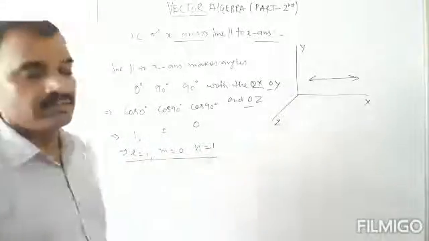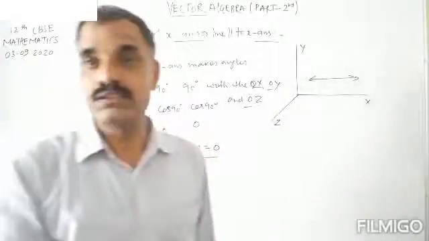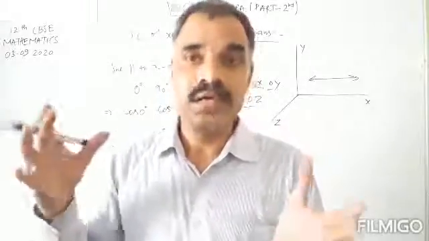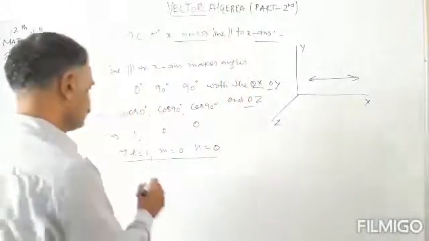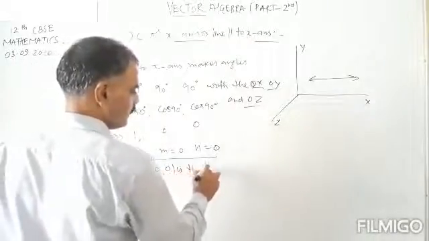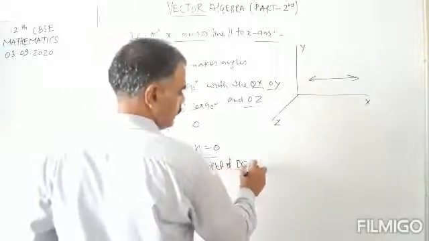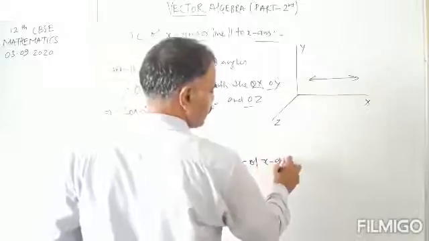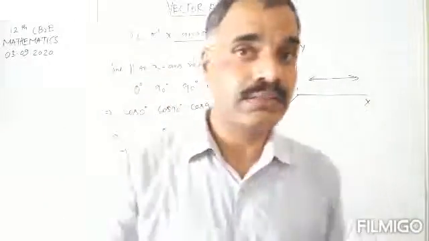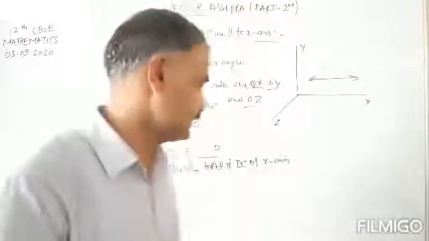So 1, 0, 0 is the triplet of direction cosine of x axis. Similarly, we can find the direction cosine triplet of y axis and z axis.